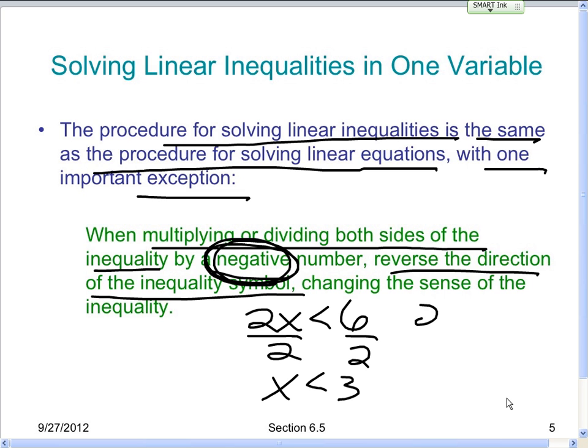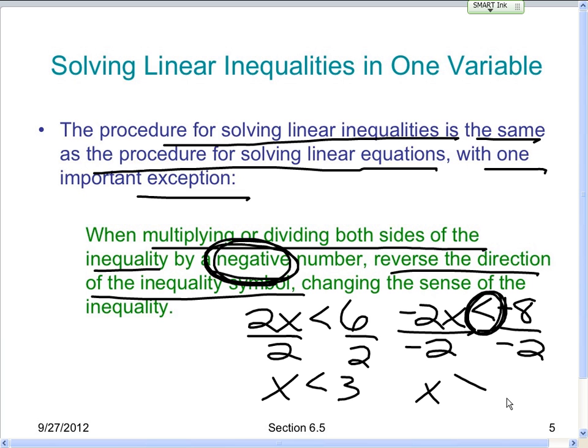However, if I have -2x is less than 8, sorry, I put that down wrong. This time I have to divide by -2. I'm dividing by a negative, therefore this symbol has to switch.